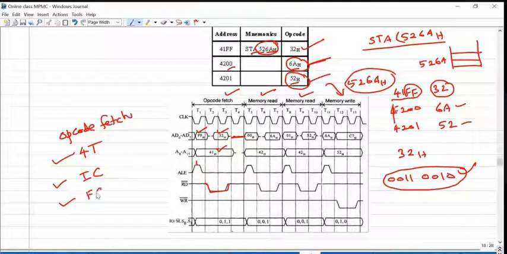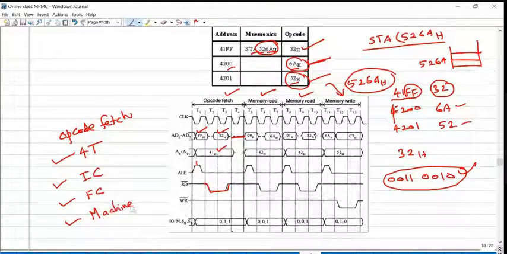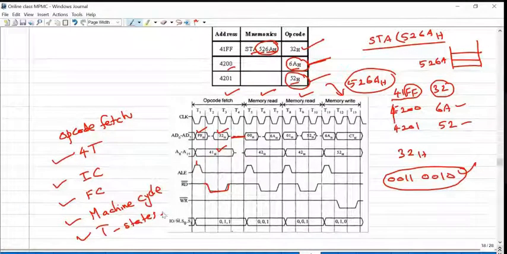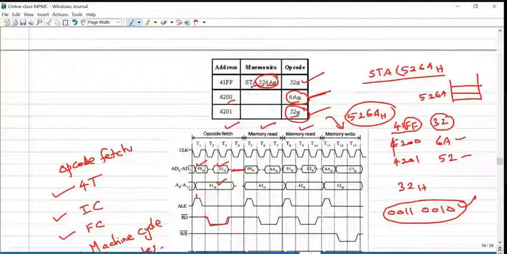What do you mean by fetch cycle? What do you mean by machine cycle? And what do you mean by T state? Next class we will continue to draw the timing diagram for memory read, memory write, and then we will come to this example, STA 526A, and how to draw the timing diagram.